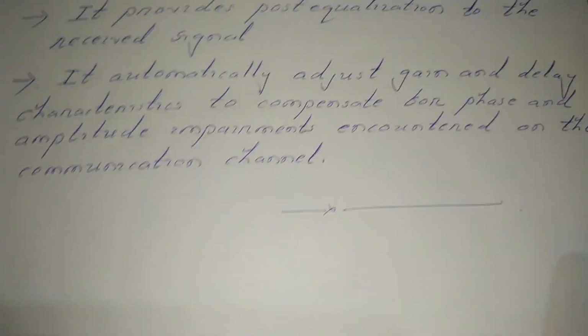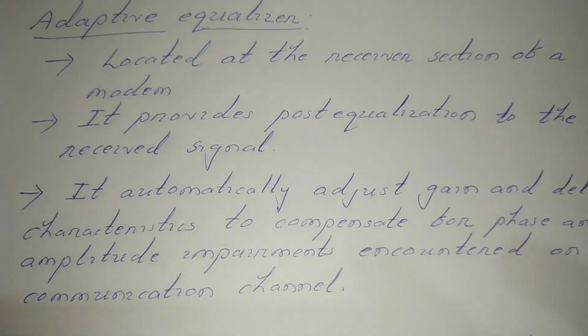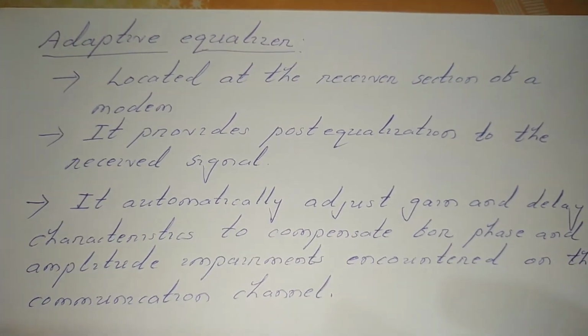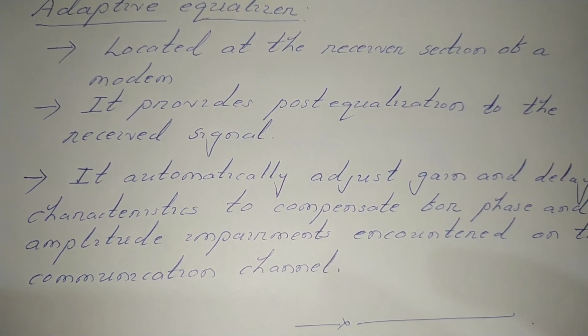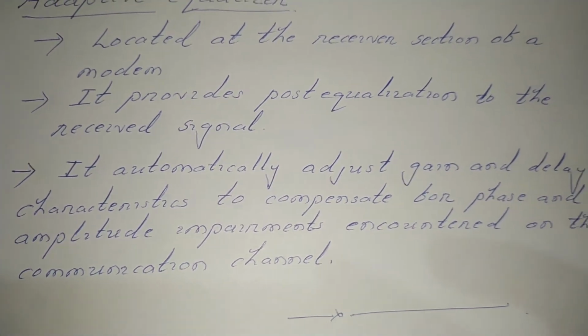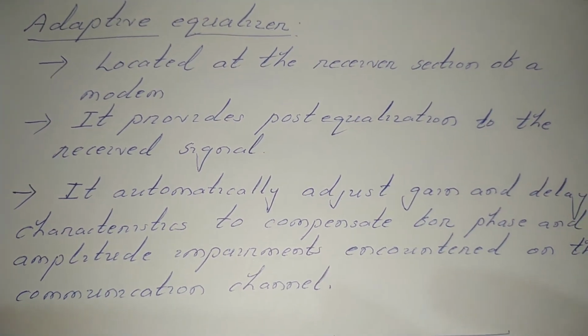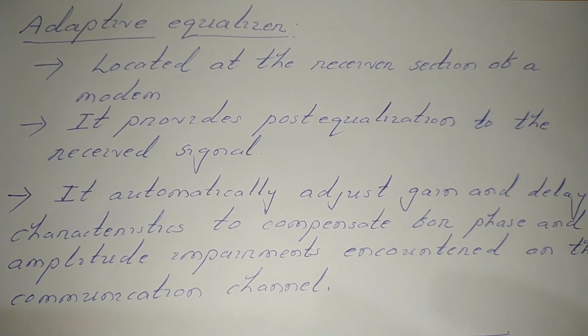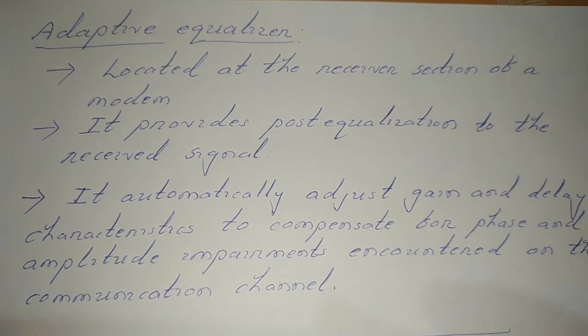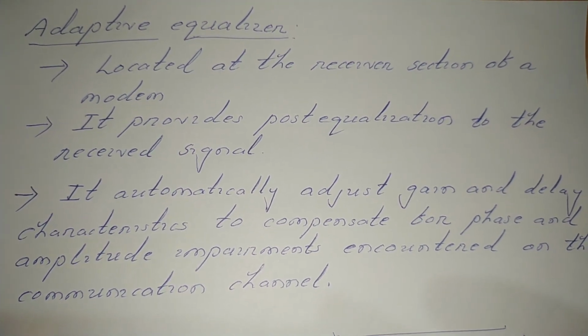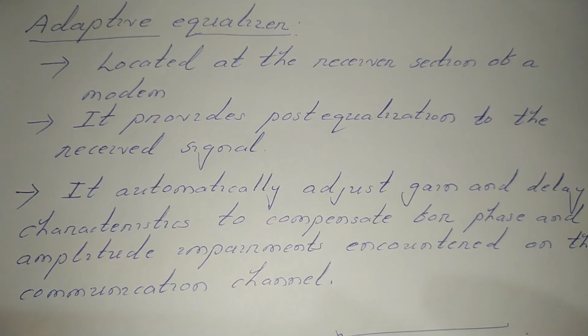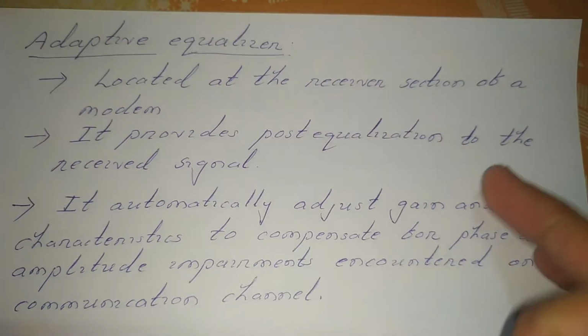So now we'll see about what? The adaptive equalizer, or the post-equalizer. Already you know that it is located at the receiver section of the modem, and it provides the post-equalization to the received signal. But the main difference between the compromise equalizer and the adaptive equalizer is that here the adaptive equalizer functions are adjusted automatically.